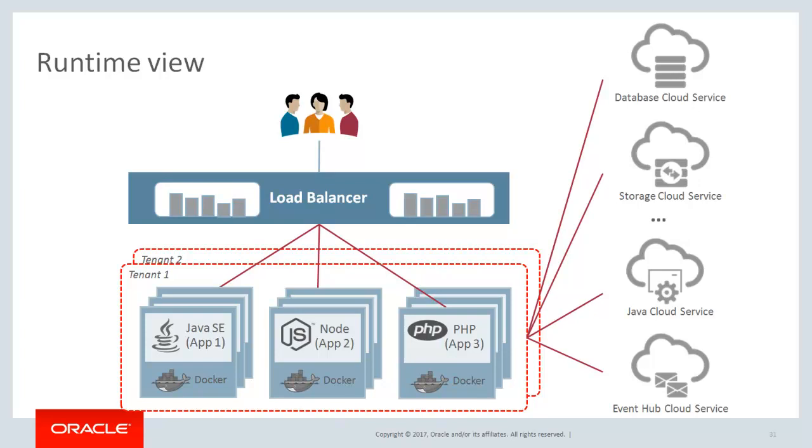It is automatically going to take care of distributing the load between multiple instances of your applications. And on the right, what's highlighted is the tight integration to the Oracle PaaS ecosystem, as I just mentioned, which includes services like Oracle Database Cloud Service, Oracle Event Hub Cloud Service, Java Cloud Service, so on and so forth.